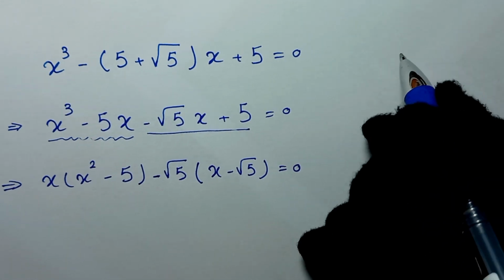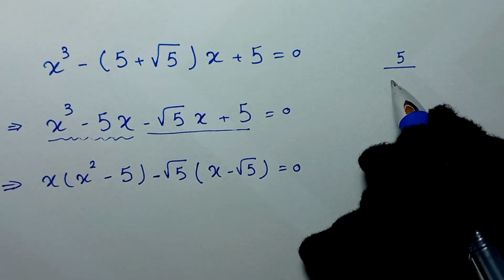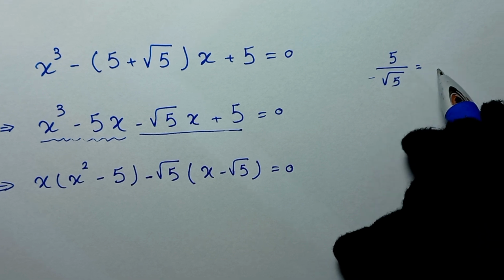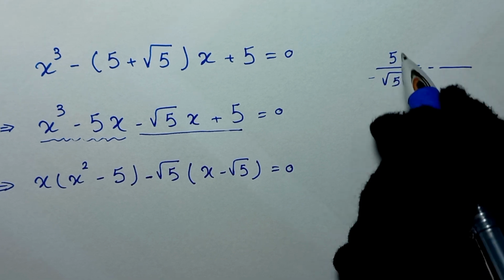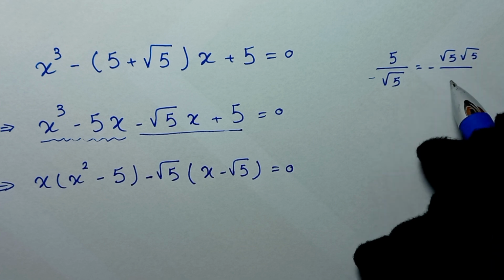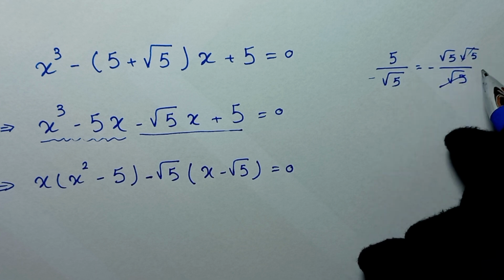5 divided by negative square root of 5, we can write 5 as square root of 5 times square root of 5, and over square root of 5, this will cancel this, and it will be negative square root of 5, right?